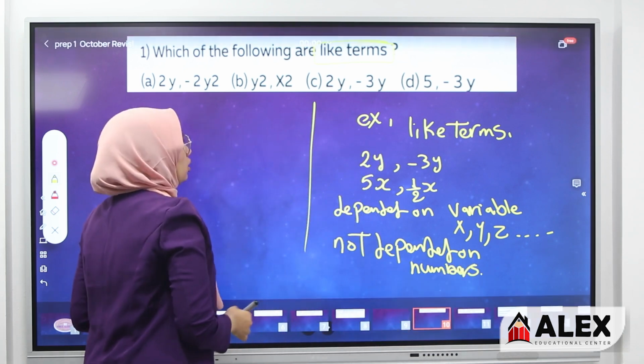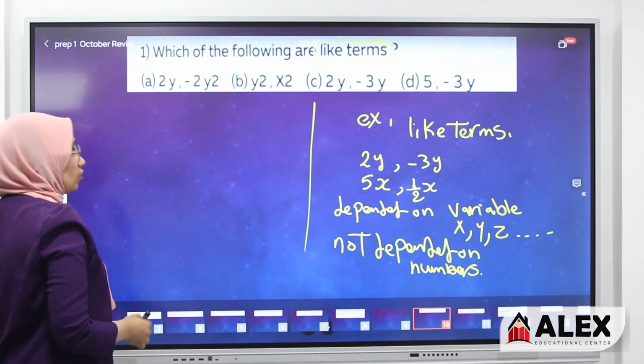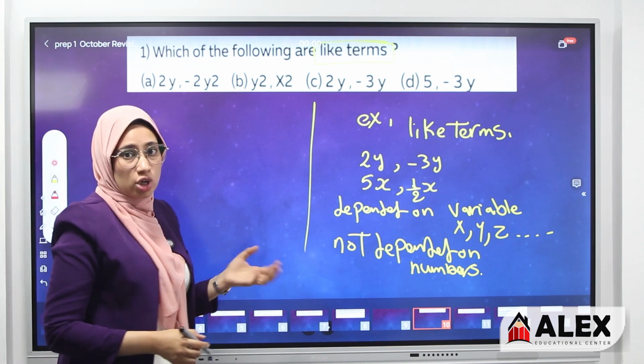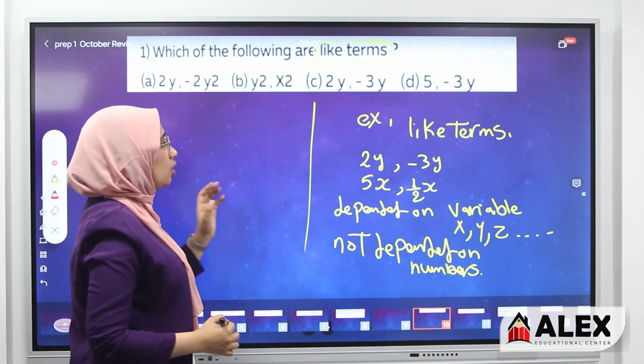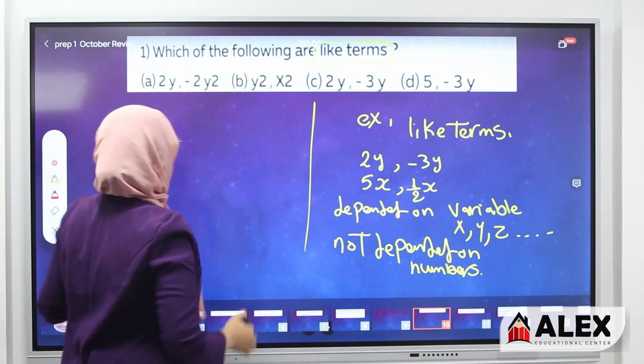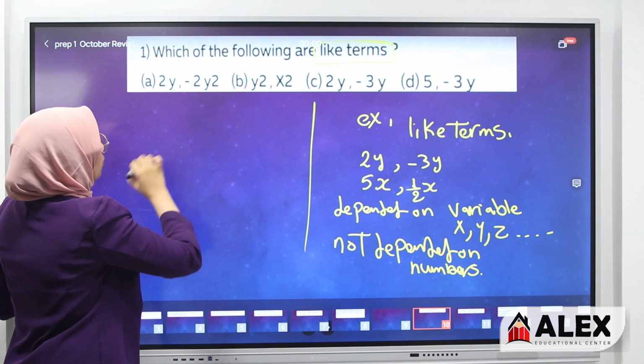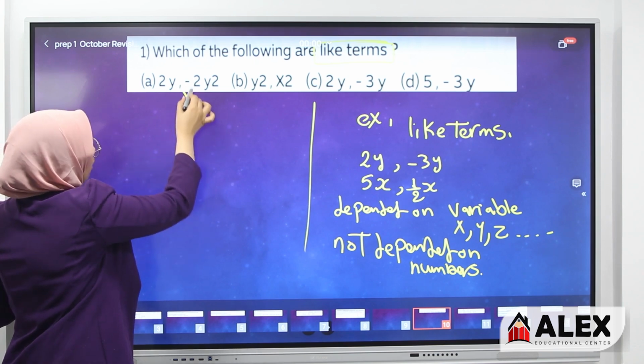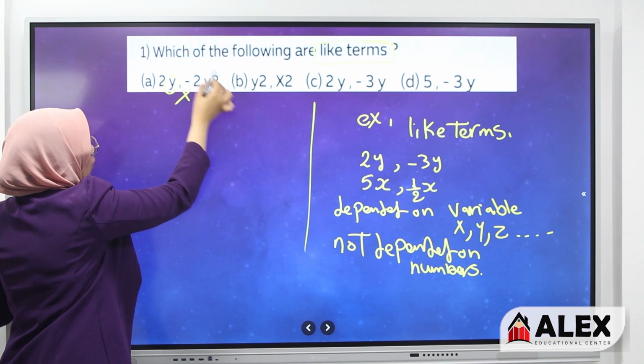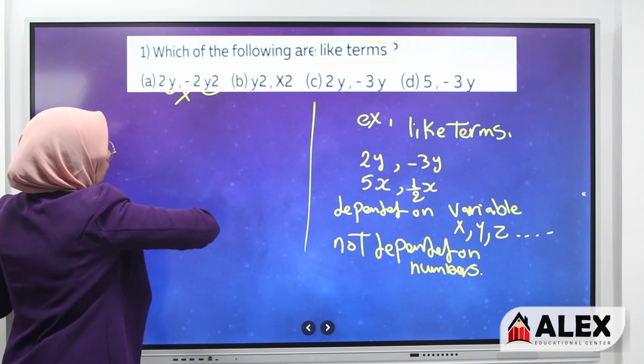Okay? Let's take here: from the following choices, which are like terms? 2y and negative 2y power 2 is wrong, because here 2y and here 2y power 2.